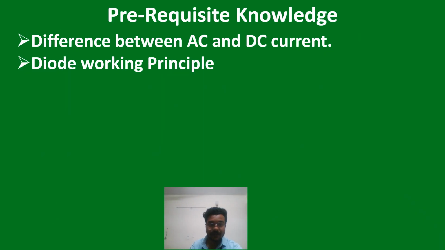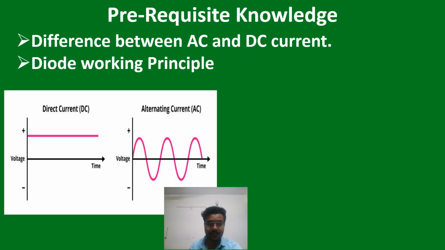To learn about the rectifier, we need some prerequisite knowledge: the difference between AC and DC current, and we should also know the diode working principle. Basically, in DC, here you can see, with time the current direction is not changing.